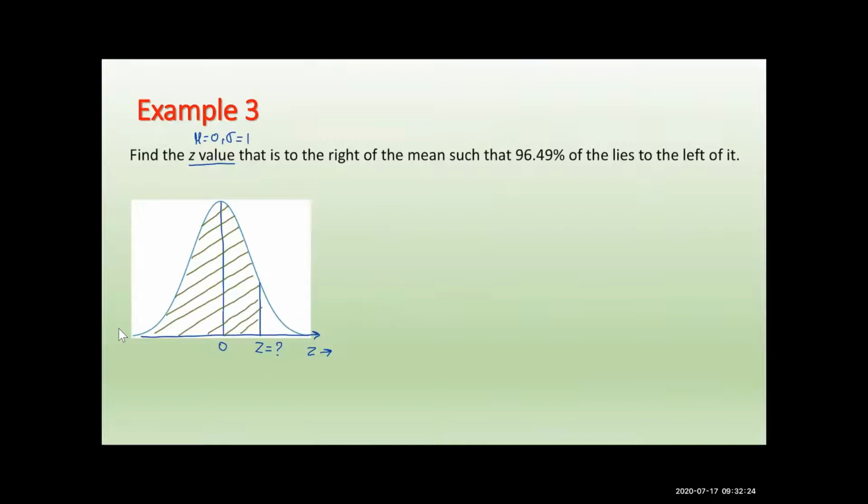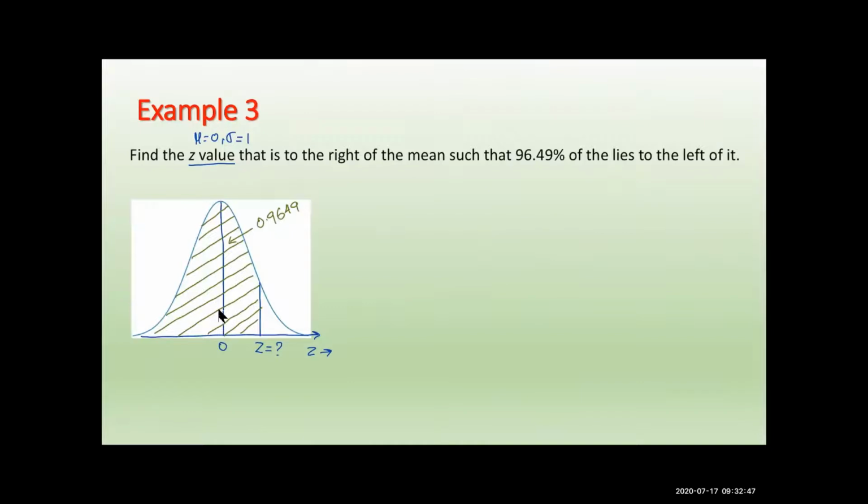Okay, and this area is 96.49%, or it is 0.9649. That is the area. So if that is the area, we have to find the z score. And you know that in order to find the z score, we always need the area to the left. They have already given the area to the left. So this is easy.